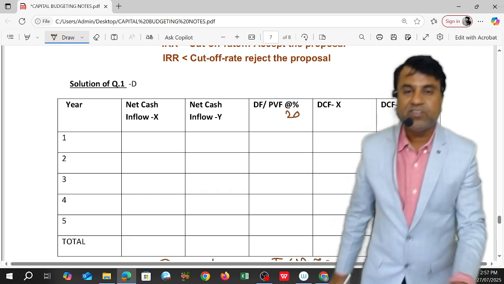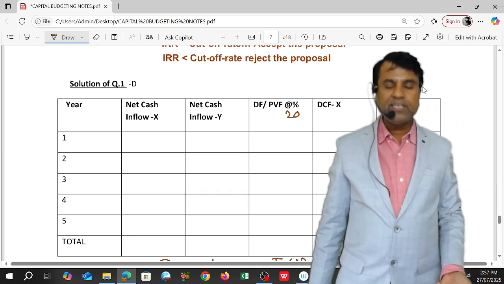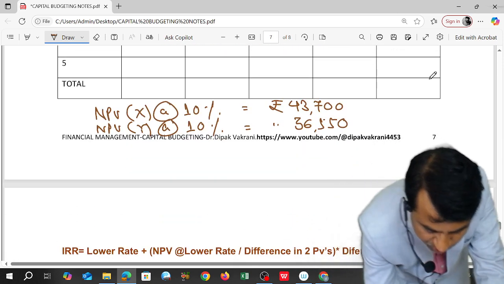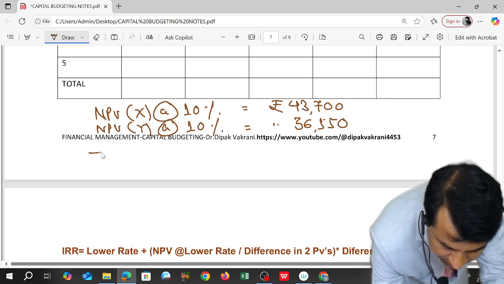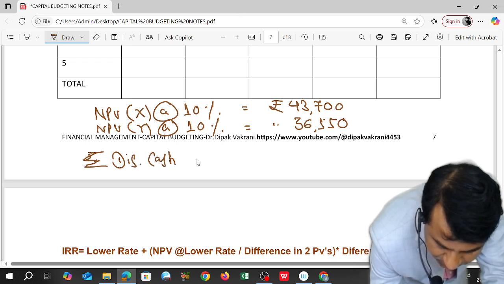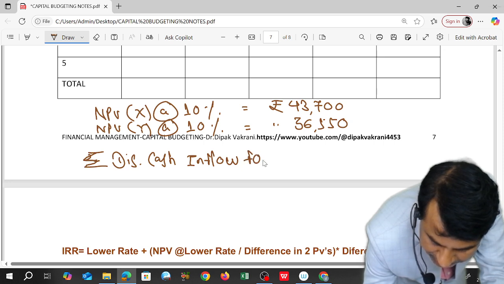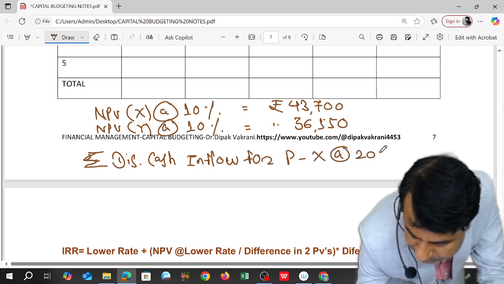I can do one thing at 20% to make my work easier. As for one project it is an annuity, so I can directly multiply for 20%. So I can write down the summation of discounted cash inflow for project X at 20%.